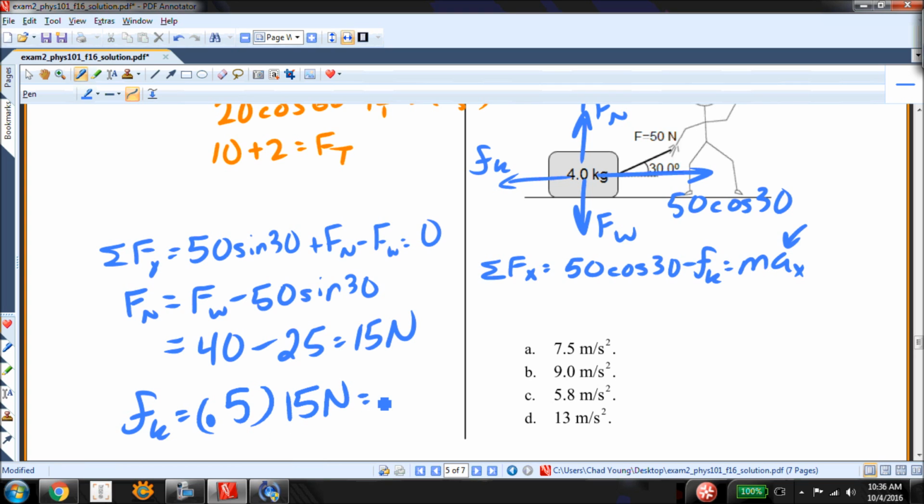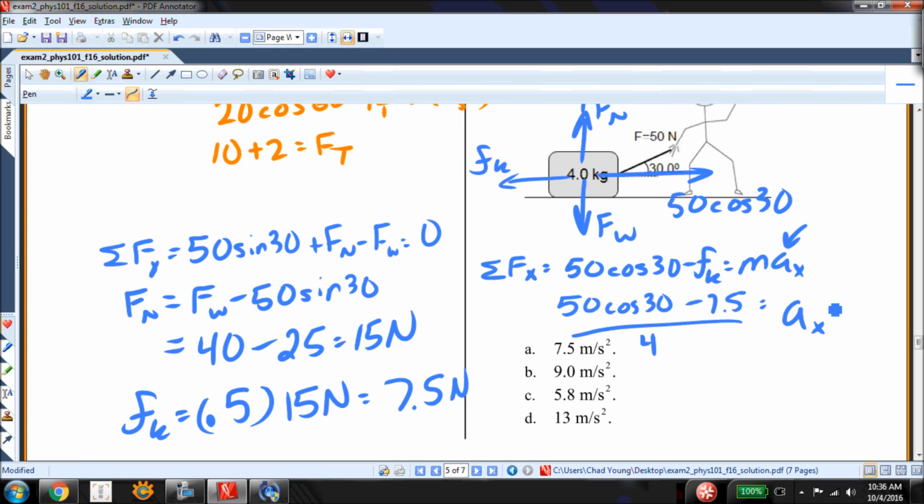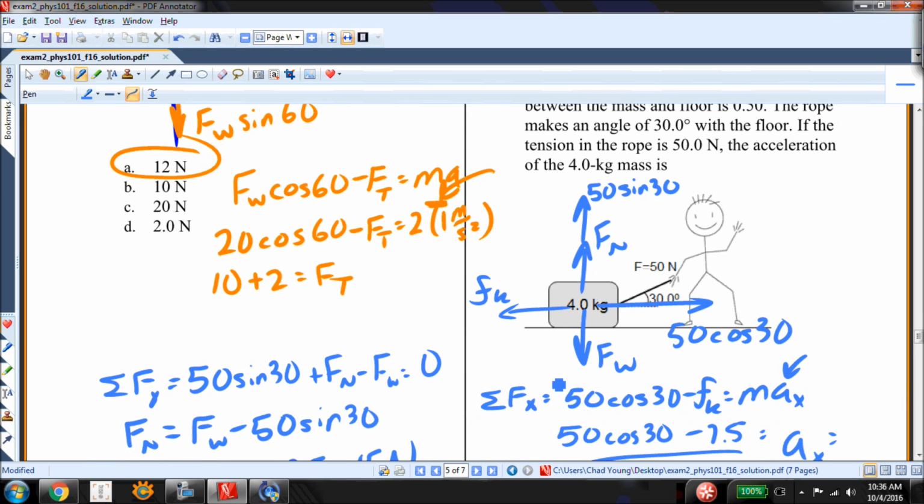That's my normal force, or 7.5 newtons. So now I can bring it up here. I get 50 cosine 30 minus 7.5 divided by my mass, which is 4. That should be my acceleration. Oh, I get 8.95, or B for number 25.